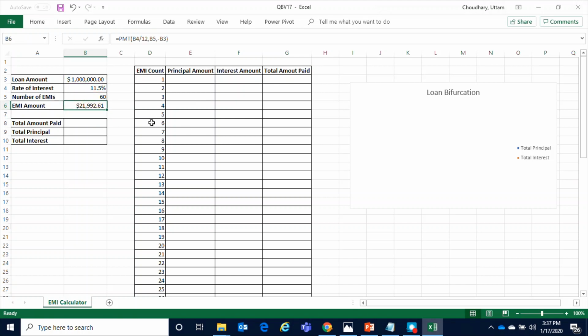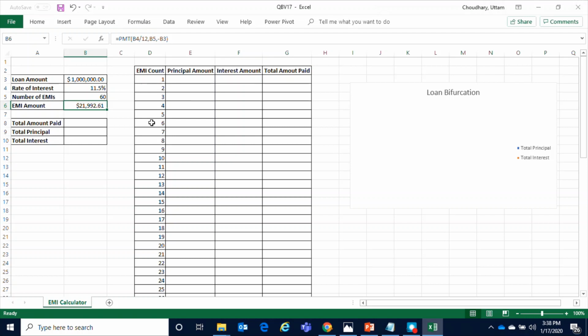Now, having said that, I would want to know that every month, how much of my payment is going to principal and how much is going to interest? Because as you are aware, in the floating interest rate formula, you would see that interest is usually high in the earlier EMIs and the principal is low.